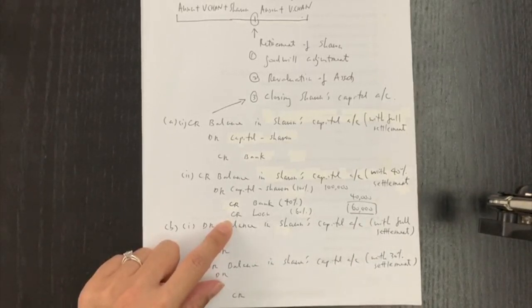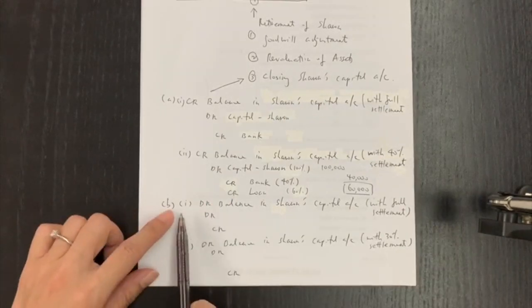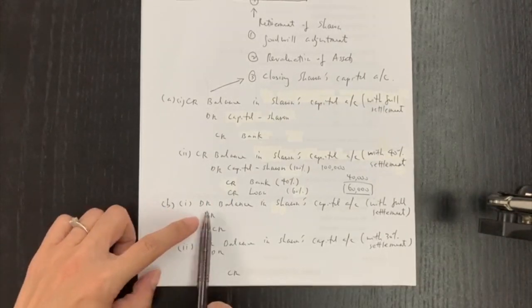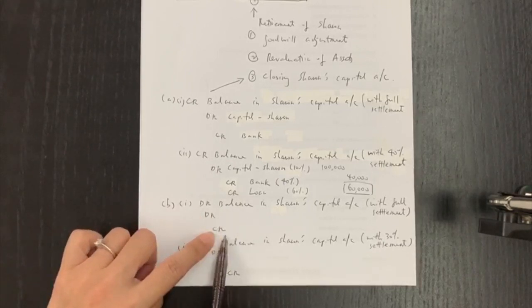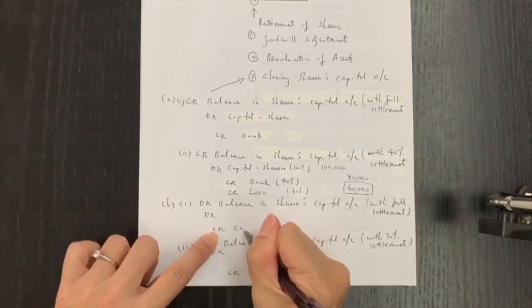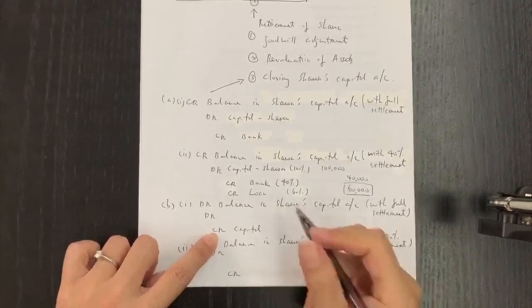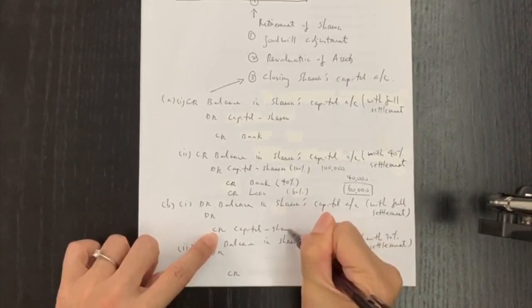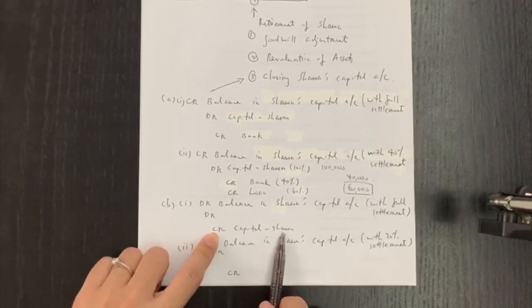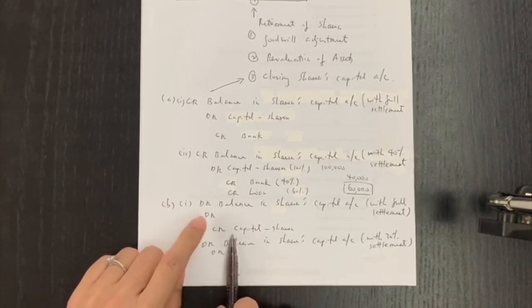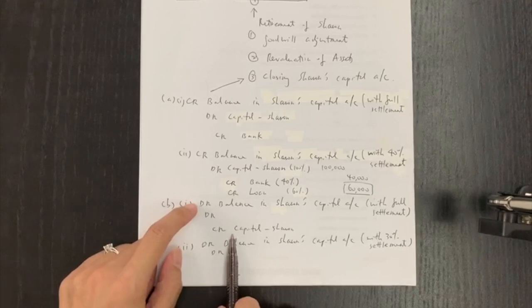Now we come to the opposite. This time, Sharon has a debit balance. To close the debit balance, we go to the opposite side, that is, credit capital Sharon, to cancel Sharon's capital account, because tomorrow Sharon won't be here, right? Under this situation, the debit balance is negative.